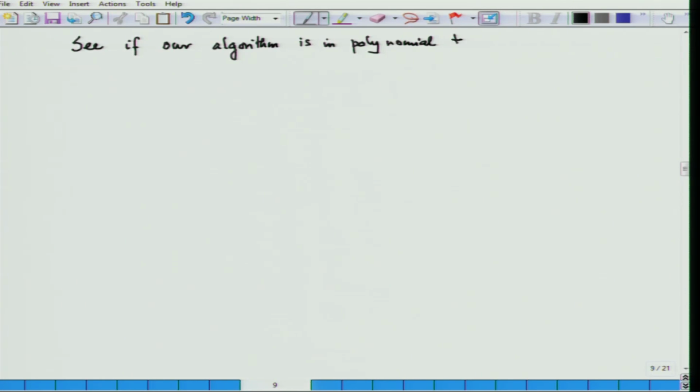Now, it would take quite a while and it is quite technical to go into the details of what it means by polynomial time.